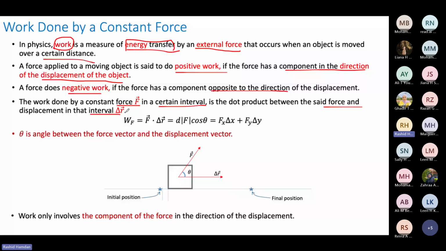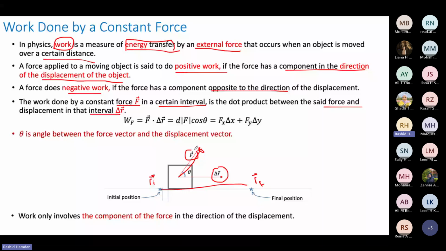So I start from the initial position R initial and go to the final position R final. If I have a constant force F applied on the object in this interval, this is my displacement vector delta R.